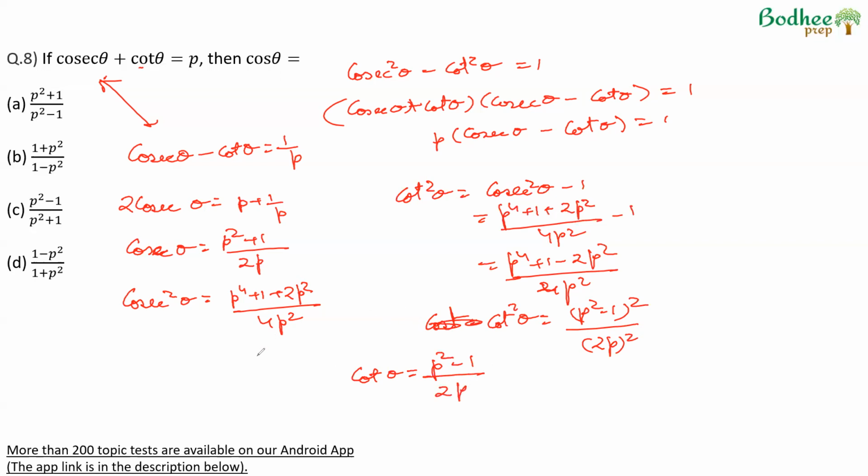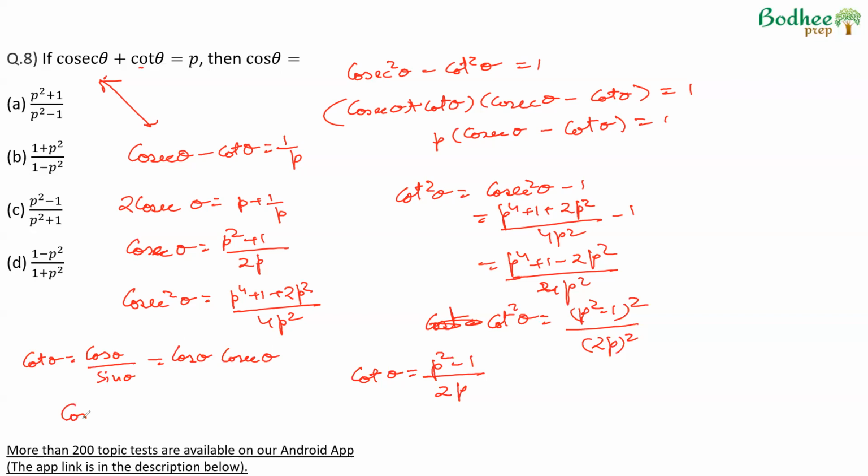We have to find out the value of cos theta. Now cot theta is nothing but cos theta upon sin theta, which is nothing but cos theta into cosec theta, 1 upon sin theta.